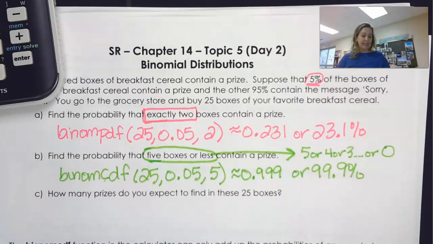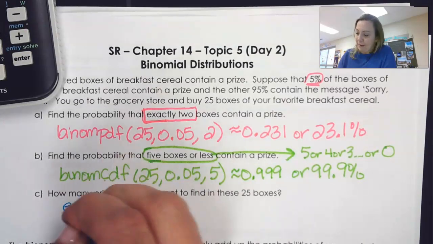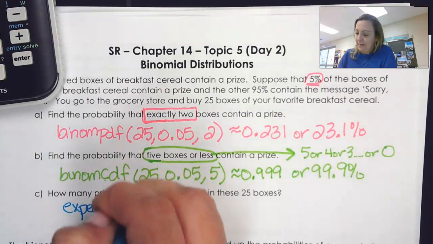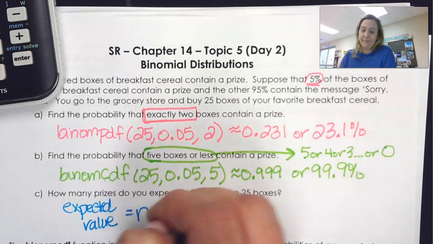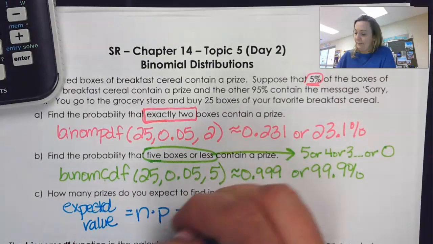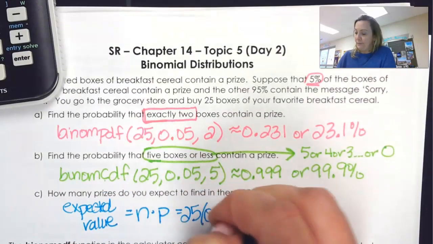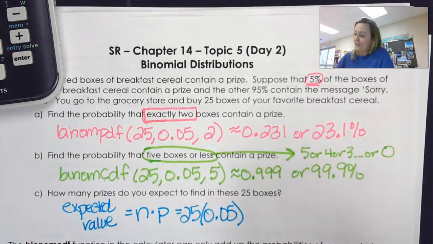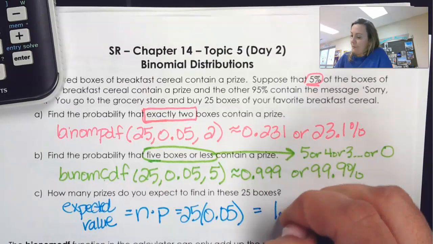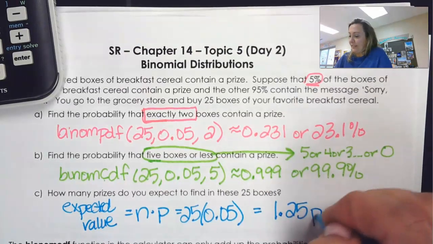Then it says, how many prizes do you expect to find in these 25 boxes? And remember that when we talk about expected value, expected value is just n times p. My n was 25. My p was 0.05. And so I could multiply those together and I get 1.25 prizes.